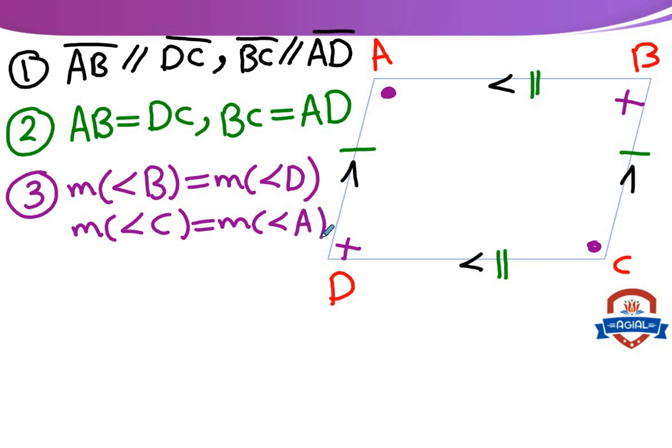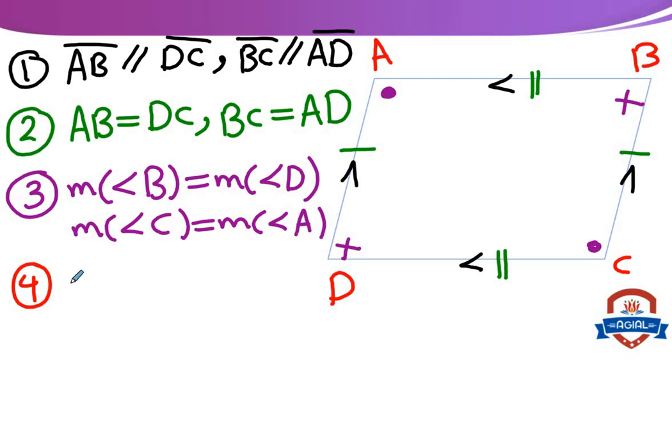Number four, the sum of each two consecutive angles equals 180 degrees. Angle A and angle B are called consecutive angles or adjacent angles. Measure of angle C and measure of angle D are called adjacent angles or consecutive angles.